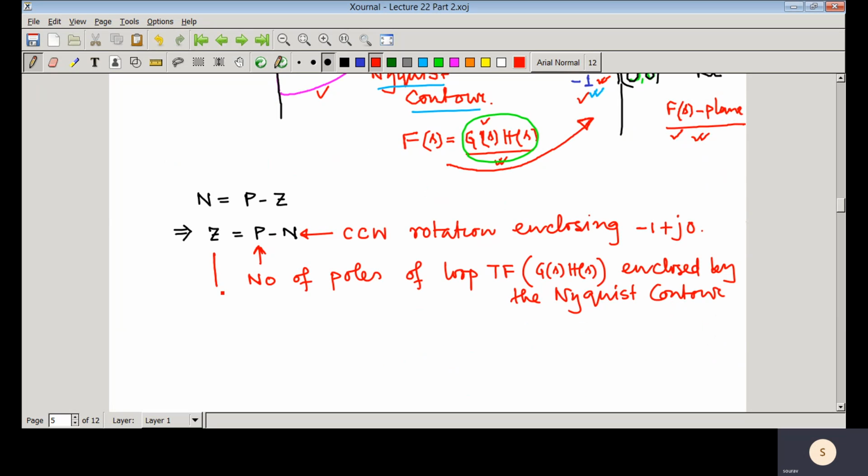So now what is Z? This Z is the number of closed loop poles enclosed by the Nyquist contour.